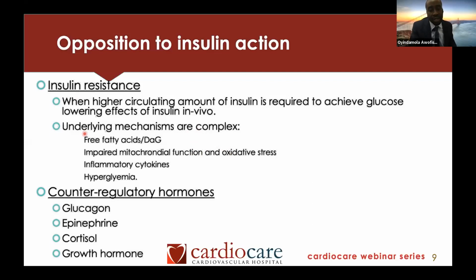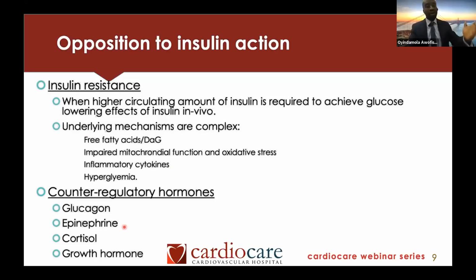Basically, free fatty acids and diacylglycerol contribute to insulin resistance, but oxidative stress and inflammatory cytokines also cause some insulin resistance, and that's part of the reason why, if the patient is acutely ill, if there's a lot of inflammation going on, there are these counter-regulatory hormones, and you have hyperglycemia.